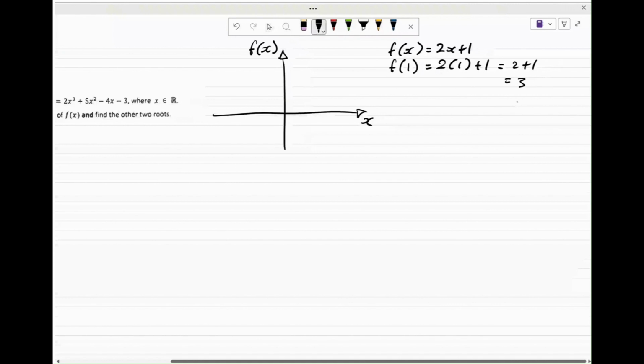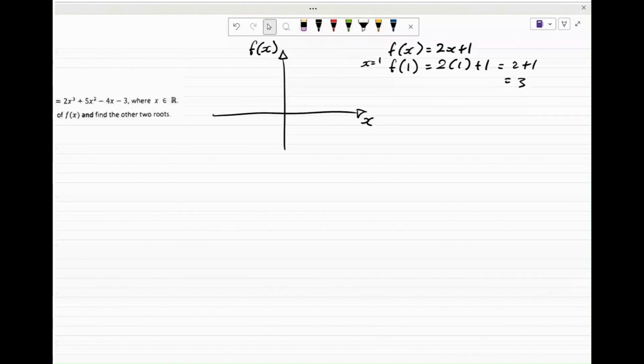So when we subbed in x equal to 1, we got an output of 3. f of 1 is 3. That's our output. So this would be the same as going across 1 tick on the x-axis, and this would correspond to an output of 3 ticks on the y-axis, or the output axis.